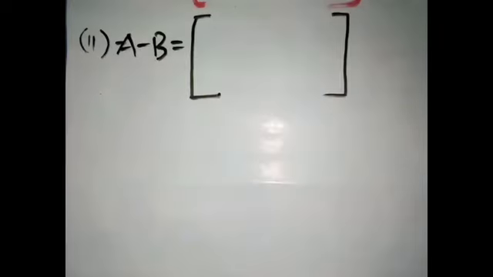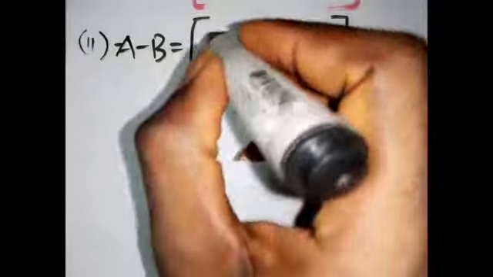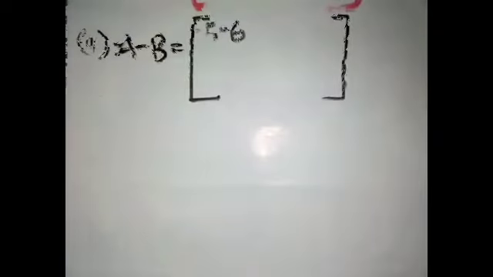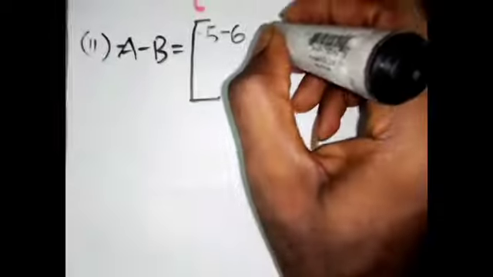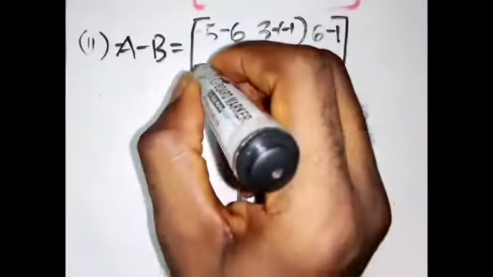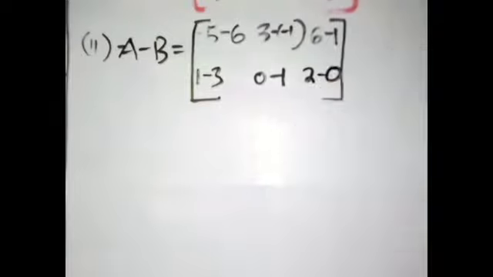Alright, for the second problem, A minus B would give us minus 5 minus 6, and 2 minus 0.